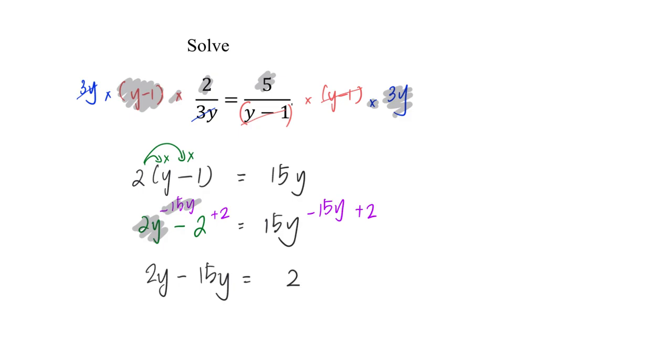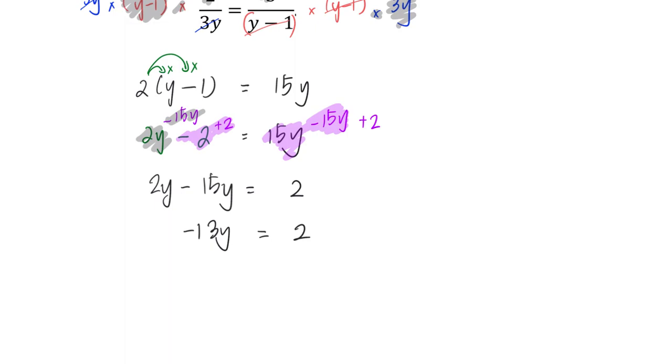You might be thinking about it. Negative 2 plus 2 is equals to 0. 15y minus 15y is also equals to 0. So this is essentially what is left with. And I will have negative 13y equals to 2 here.